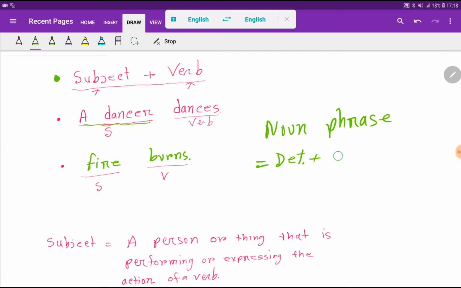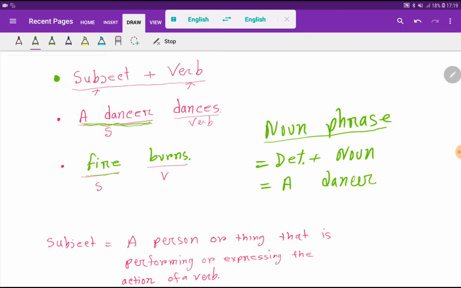Determiner plus noun. So here the determiner is a and the noun is dancer, right? So a noun phrase can function like a noun, right? So a dancer is a noun phrase which is functioning here as a subject.